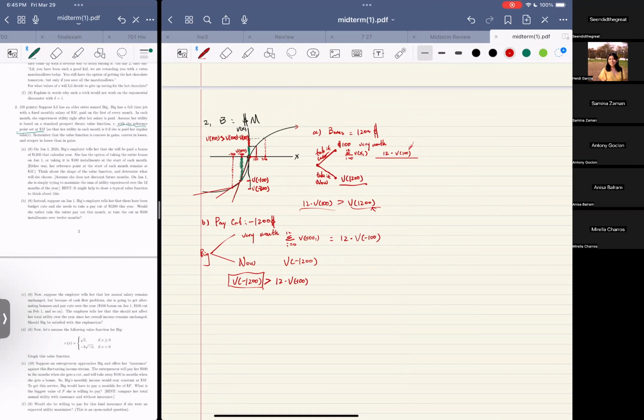Is that because of diminishing sensitivity to loss? Yes. It's like, how do you feel about losing $1 right now, compared to when you already lost $1 million? What's the additional dollar loss to you then? If you already lost $1 million, you don't care about that $1.